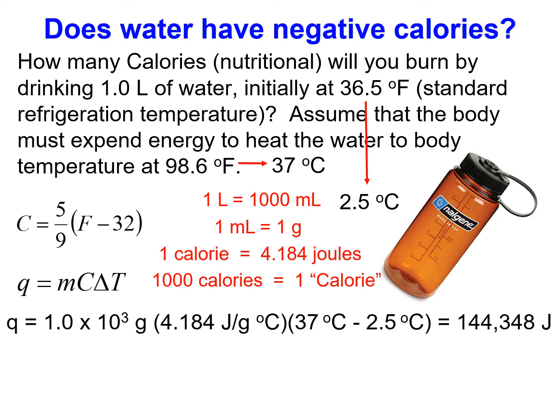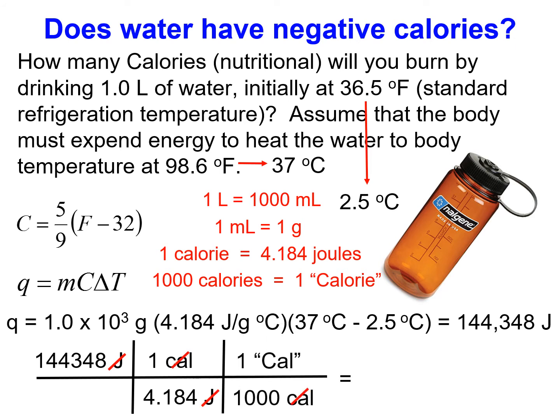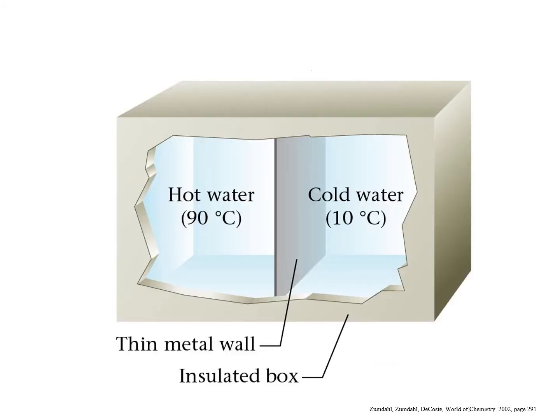So you have this many joules, you can convert it to calories. Divide it by 4.184 and convert your calories, so it's 35 calories. If you have cold water that you drink, you're going to have to expend energy to warm up that water.